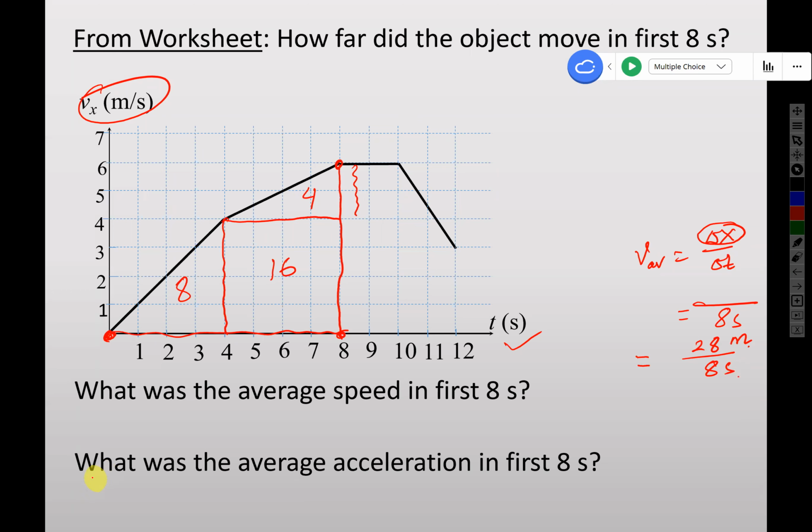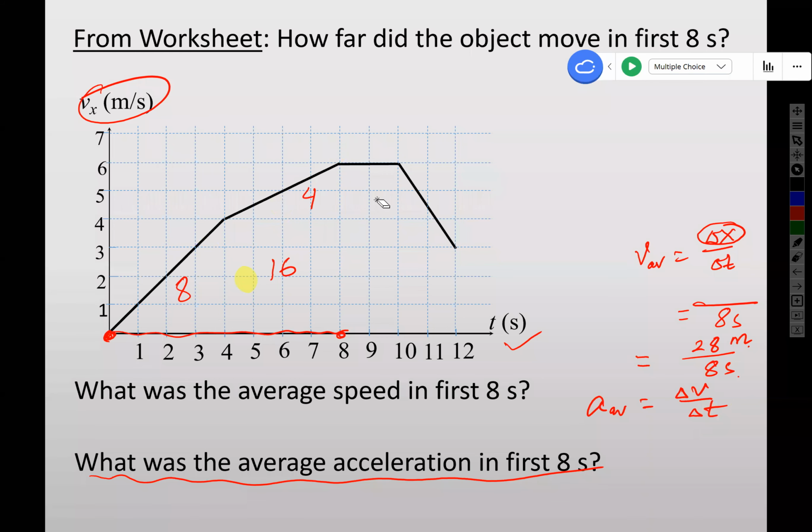Now it says, what was the average acceleration? How do you find average acceleration? It is change in velocity over time, isn't it? I want to go from 0 to 8.